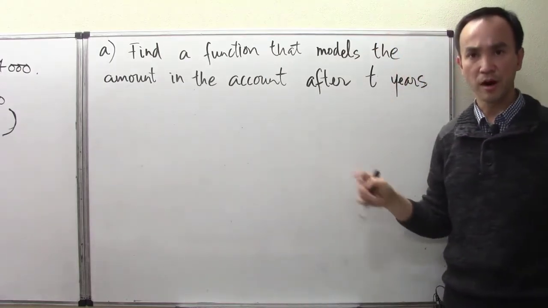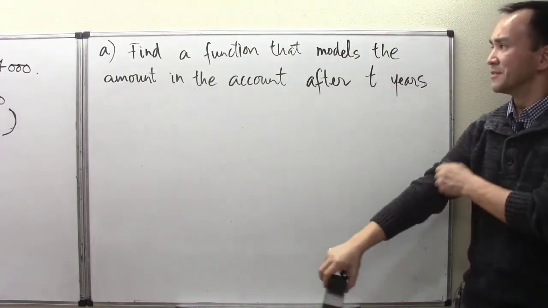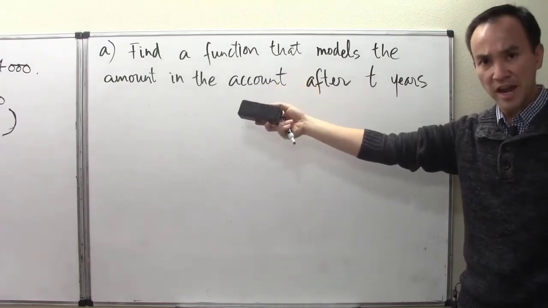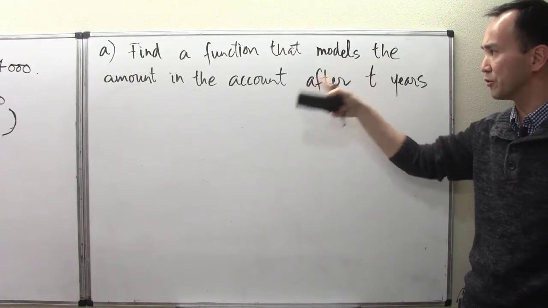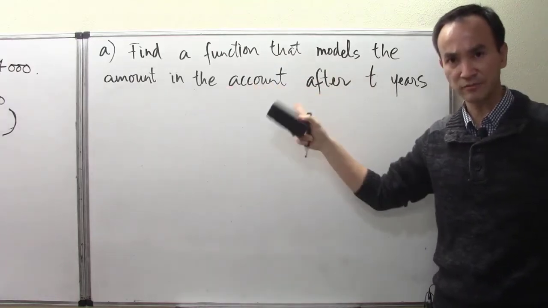This is a general model. Find a function. So in part A of my problem, find a function that models the amount in the account after t years.